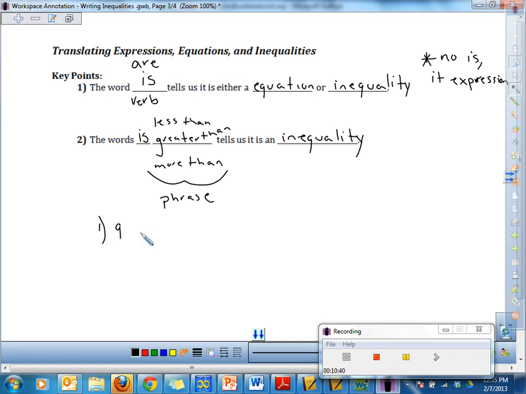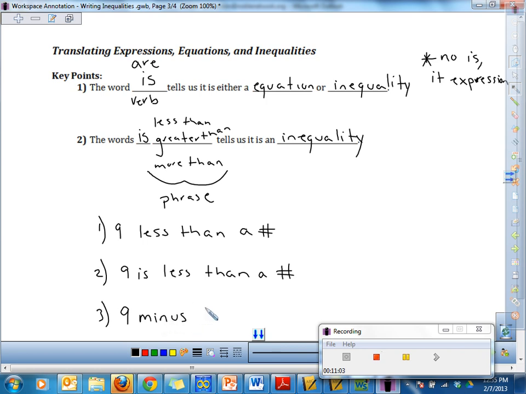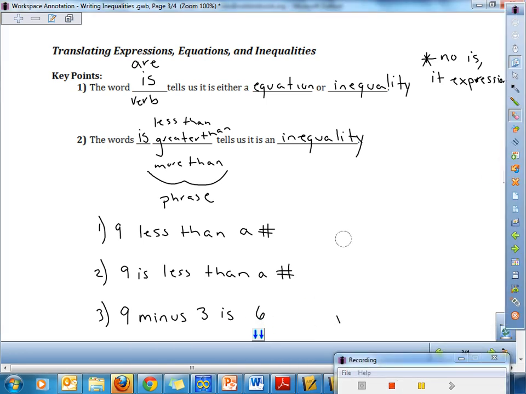You might have something like 9 less than a number. You might have something like 9 is less than a number, or we might have something like 9 minus 3 is 6.